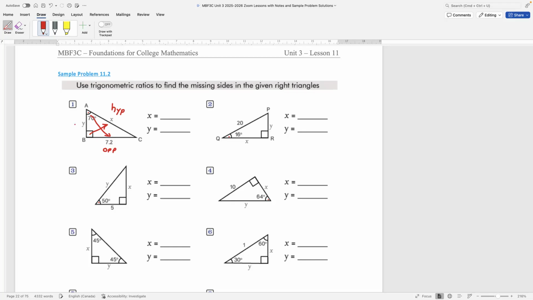And there's only one side left, and that would be the adjacent side. And as I said last week, the adjacent side and the hypotenuse make up the reference angle. Okay, so keep that in mind.